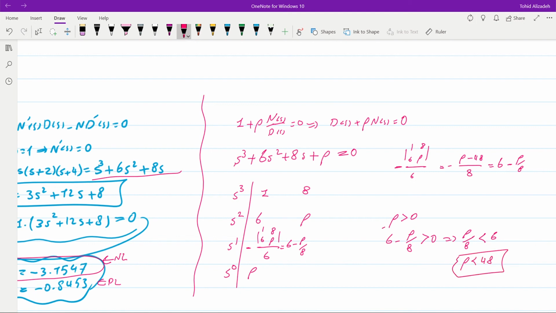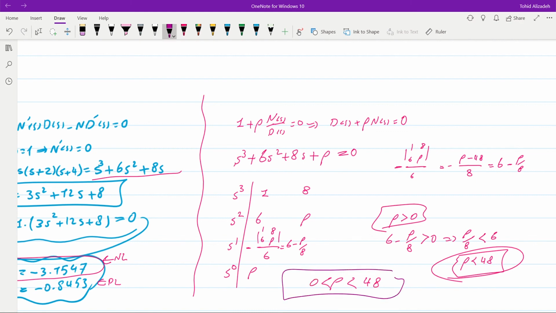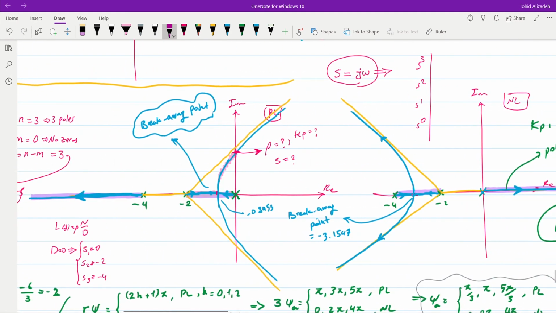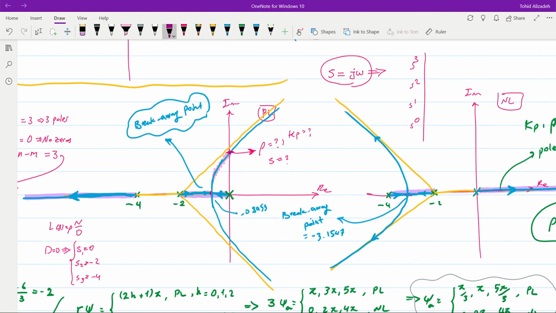So rho bigger than 0 and rho smaller than 48 means that rho will be between 0 and 48, and this will be the range in which our system becomes stable. On the other hand, it means that over here rho is equal to 48. Okay, so we have found the value for the rho.